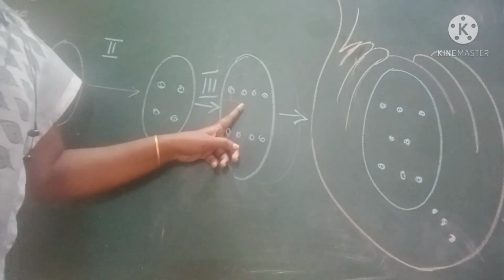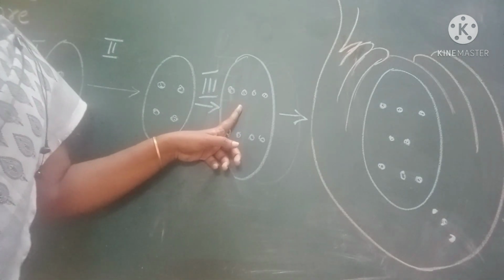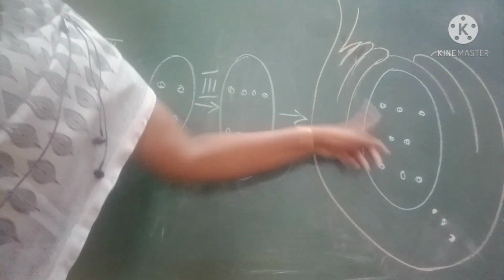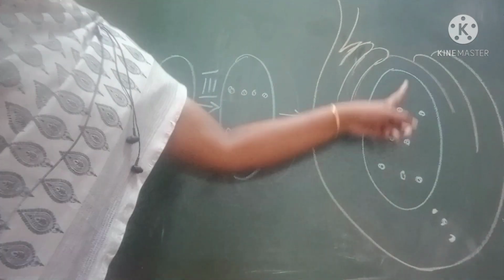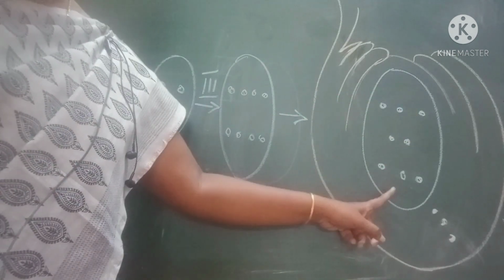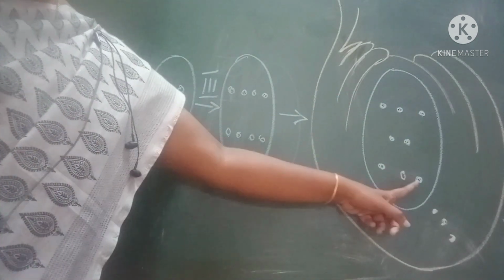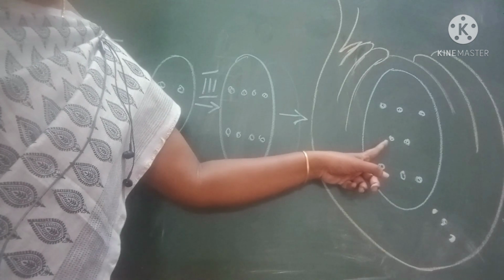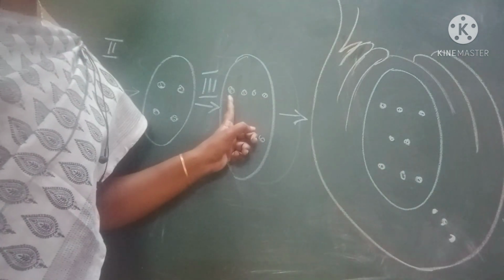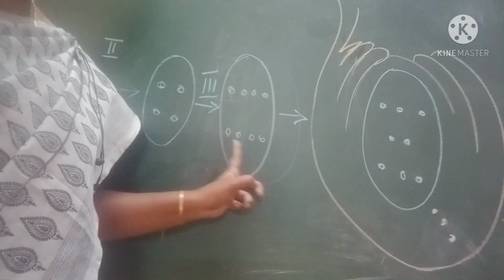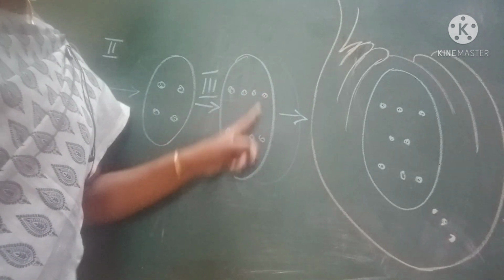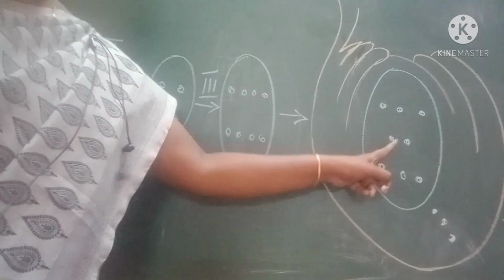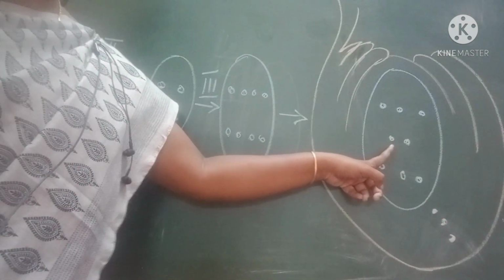So after this 8 nucleate condition, you can see that a nucleus from each pole, that is from the micropylar side and also from the chalazal end, will come and meet at the center. So now we can see 4 nuclei here, and 4 nuclei here. After this 8 nucleate stage, a nucleus from each pole will come and meet at the center.